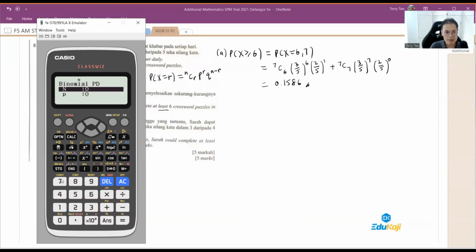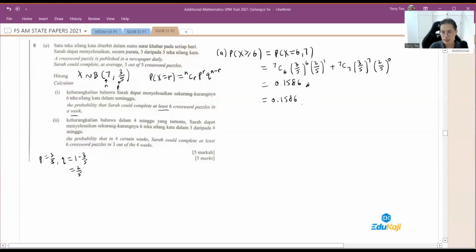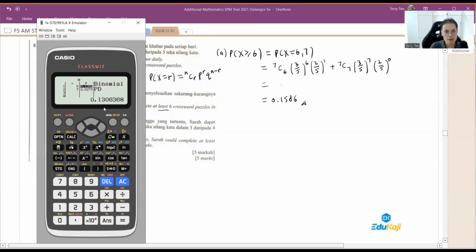Then my n is 7. My probability of success is 3 over 5. Then I just key in this, so I don't have to type in a lot more things. However, I'm actually finding this one by one. So this is 0.1586, which I can write down. For 6, you can read 0.1306.